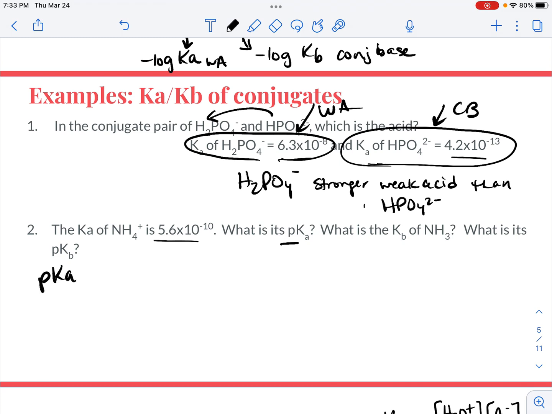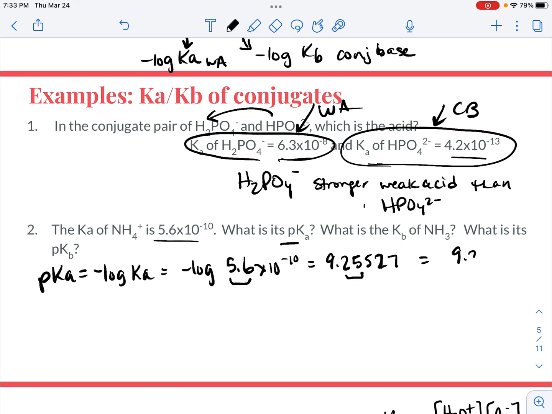The pKa would be the negative log of Ka, which is the negative log of 5.6 times 10 to the negative 10th, which equals 9.2557255. When we take the negative log of something, our two significant figures become two places after the decimal. So this would be a pKa of 9.26.